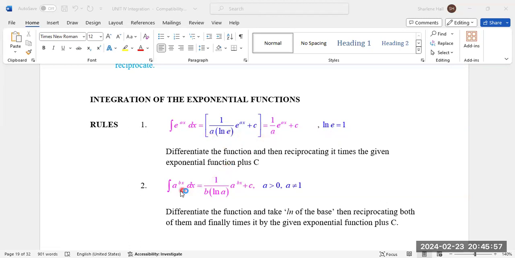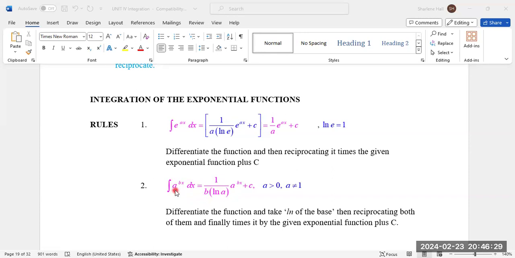Watch this one. This one is e to the ax dx. There is no e here, but this is a raised to the bx dx. Do you recognize that I'm going to differentiate the power again? And the differential of bx is going to be b, and I have 1 over b.